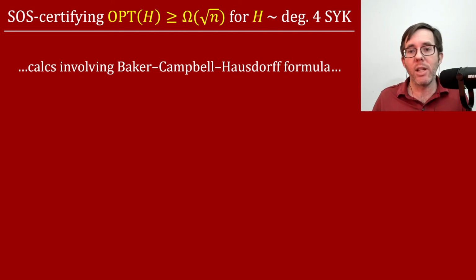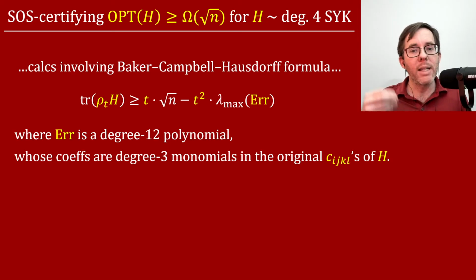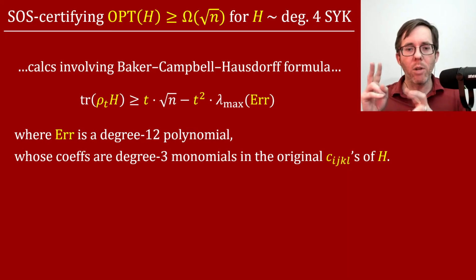You do some calculations involving the Baker-Campbell-Hausdorff formula, and you find that the trace of rho t times H, which is what we're trying to lower bound, is at least t times square root n minus t squared times the maximum eigenvalue of a certain error polynomial.